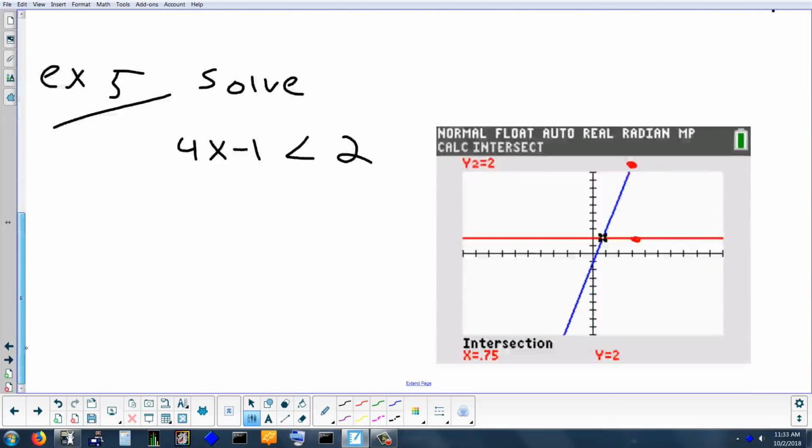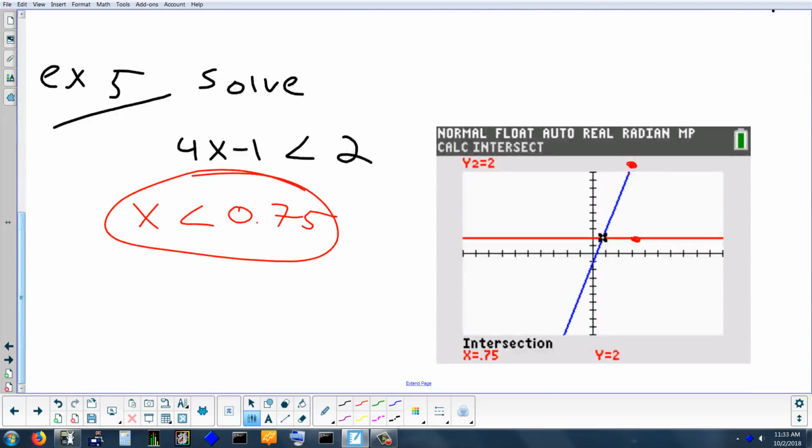So where does that happen? Any x value before 0.75, less than. Okay, so there's 2 different ways to use the graphing calculator and get the same result. Any questions on that one? Is it calculating roots or calculating intersects?